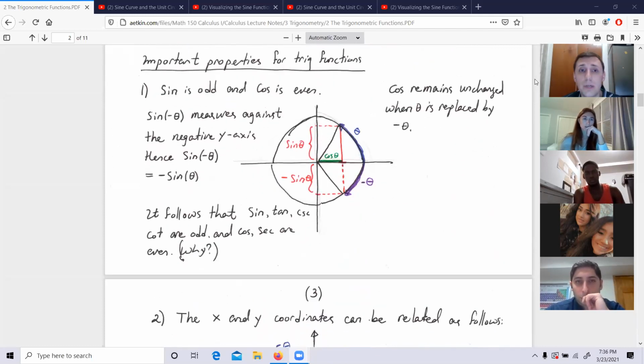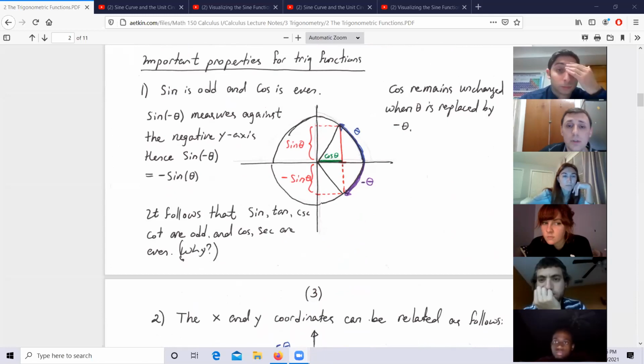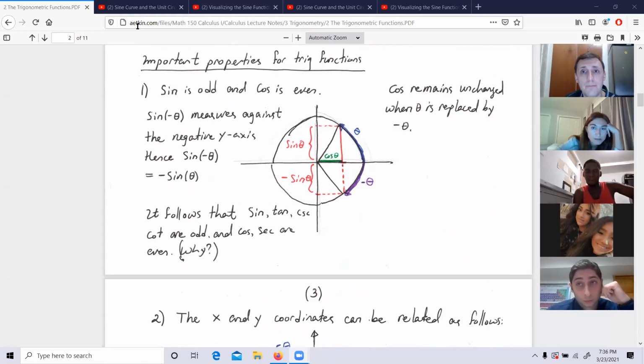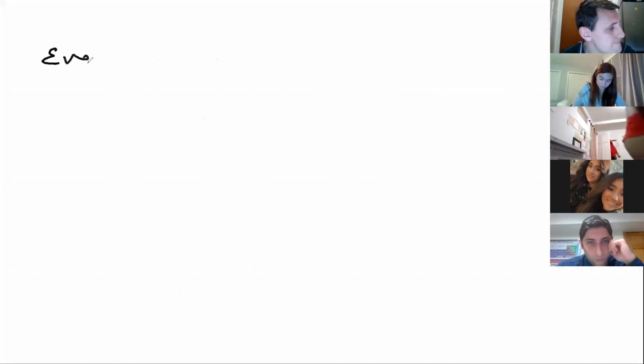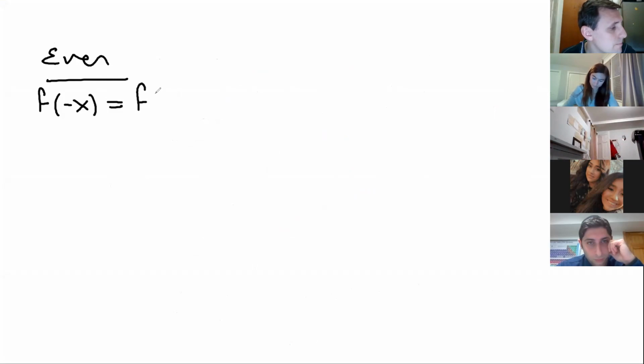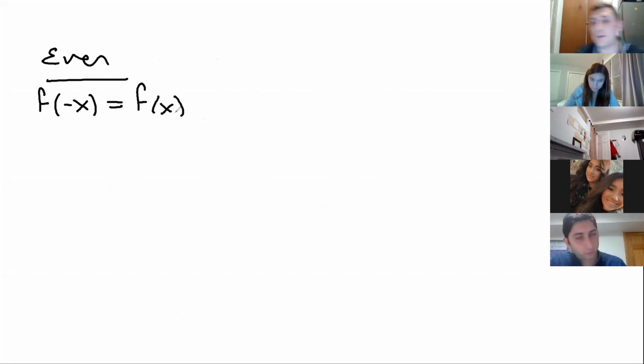Next is, of course, some important properties for trig functions. Guys, we ask whether or not sine and cosine are odd or even functions. Let me just remind you what that is. A function is even if it has this property: it does not care whether you feed it the input or the negative of the input.